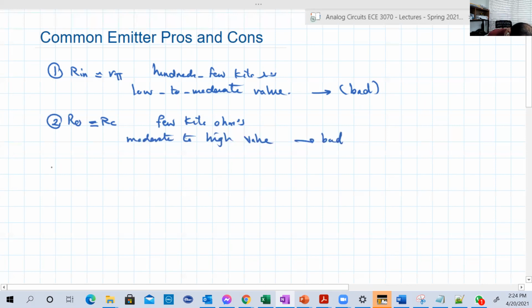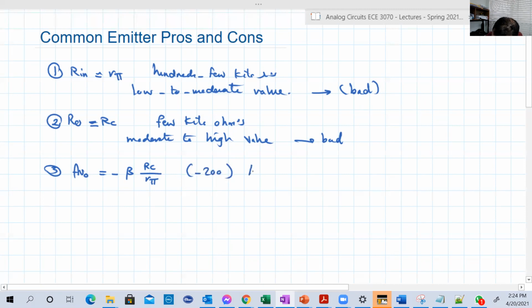Number three, AV. Now let's talk about AV naught. So AV naught was minus beta RC over R pi. And if you guys remember, it was 200. So in the example, it was 200.